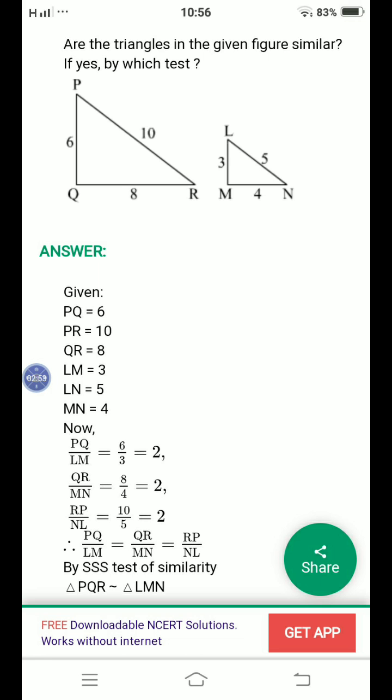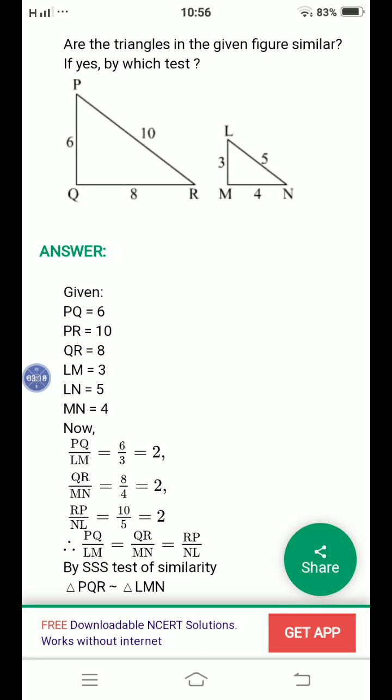So now for the two triangles, we will put the sides in ratio. How? PQ upon LM is 6 by 3. That answer we got is 2. Ratio of two sides we got as 2. Then QR upon MN is 8 upon 4. That is again 2.